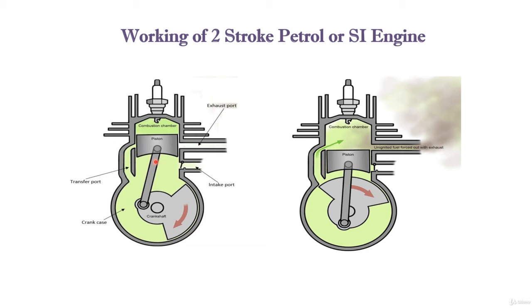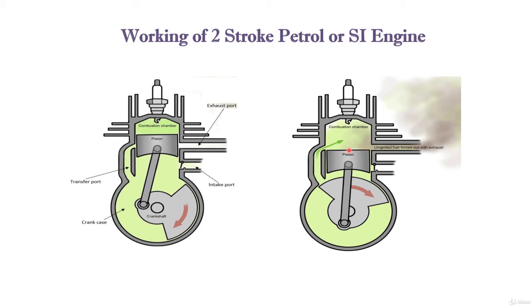At the same time, the piston movement causes the crank chamber to narrow and the air-fuel mixture is pushed into the combustion chamber. Before the piston reaches the bottom dead center, the exhaust port gets opened.